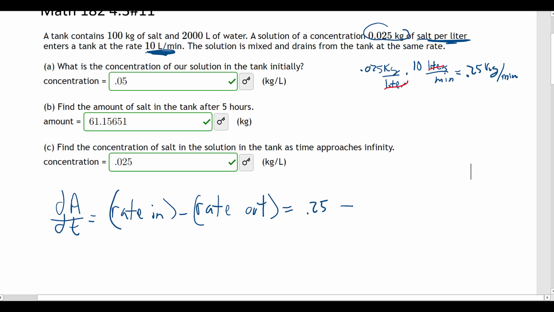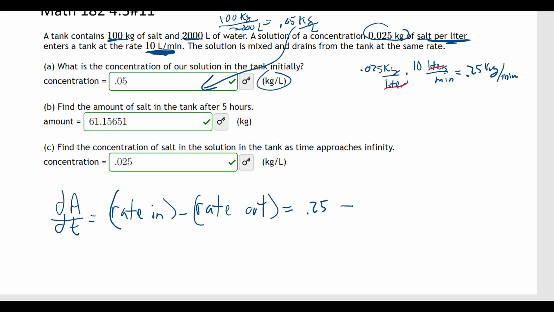Well, there's an initial amount: 100 kilograms in 2,000 liters, which is 0.05 kilograms per liter. But as the other salt comes in, it dilutes it because it's not as concentrated, so it's going to change every moment.